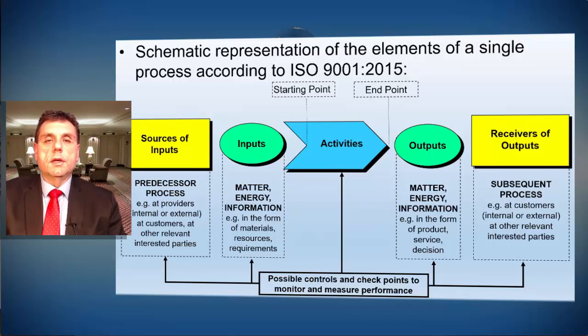Then we have some kind of activities, a starting point of our process and an end point, where output starts, like matter, energy or information, and we have receivers of the outputs from the process. Also, ISO 9001:2015 recommends possible controls and checkpoints to monitor and measure performance of the process.